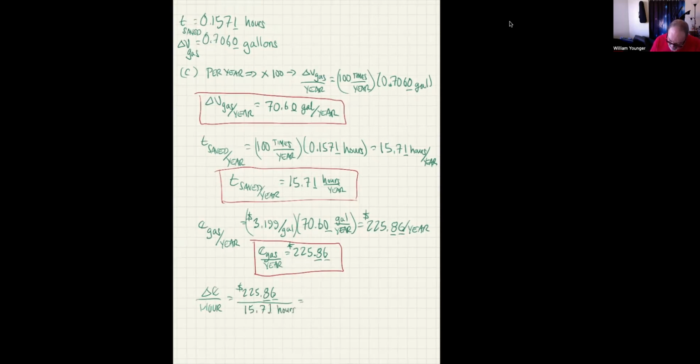And again, you see the 15.71, the 1 is insignificant. So we really have 3 sig figs in both cases. So I'm going to take this 225.86 and divide it by 15.71. And that gives me, in fact, 14.38, carrying 1 extra sig figure, dollars per hour.